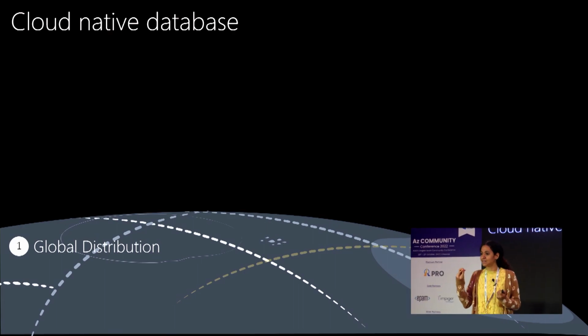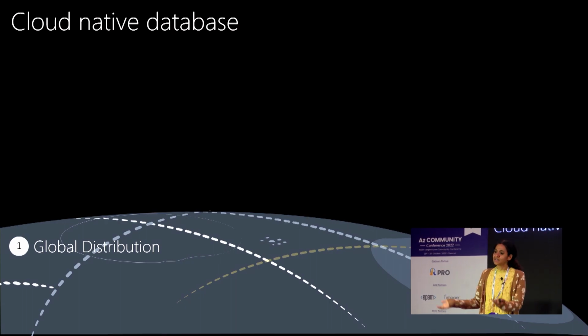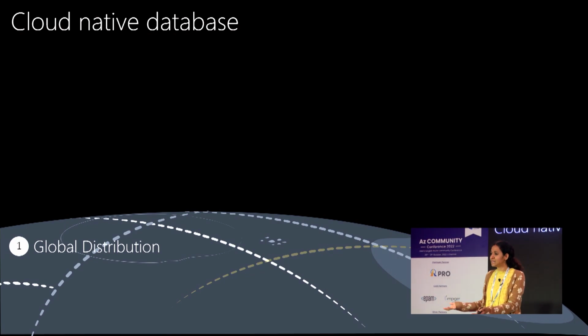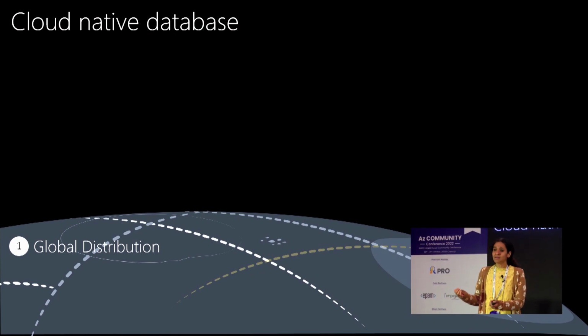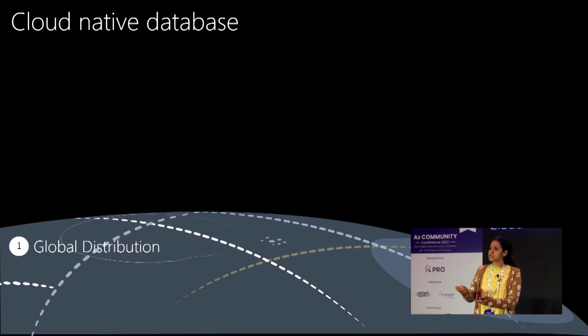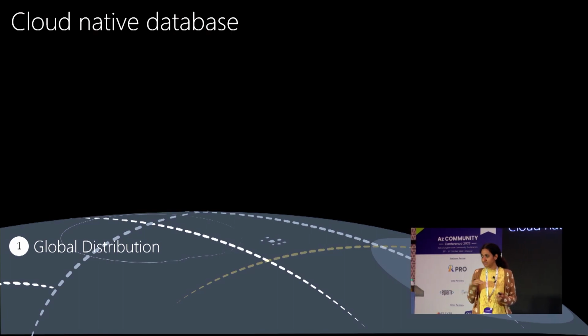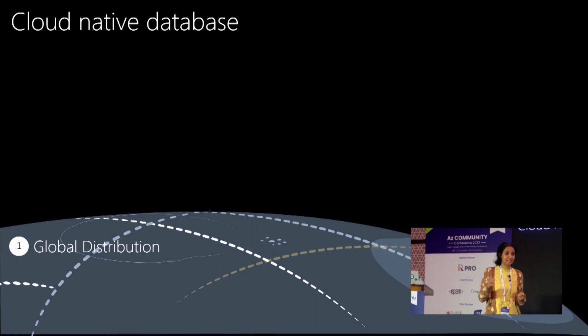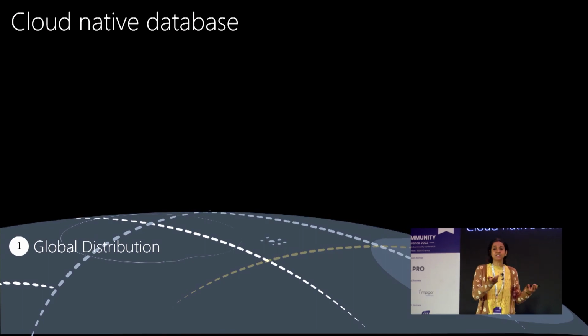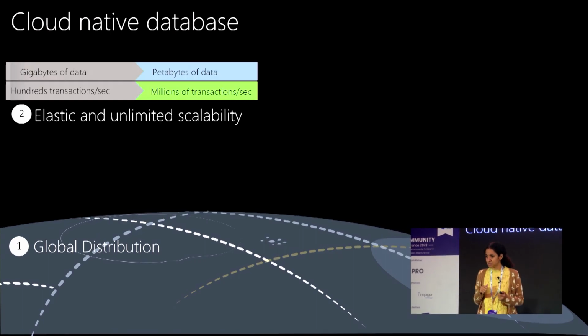When we use the term ring zero, it means whenever a data center comes up in Azure, network, storage, compute and infra are set up, and Cosmos DB is also installed as part of every data center setup. So it is one of the fundamental ring zero services, meaning as many Azure data centers as there are, that many locations or regions are available on which you can use Cosmos DB.